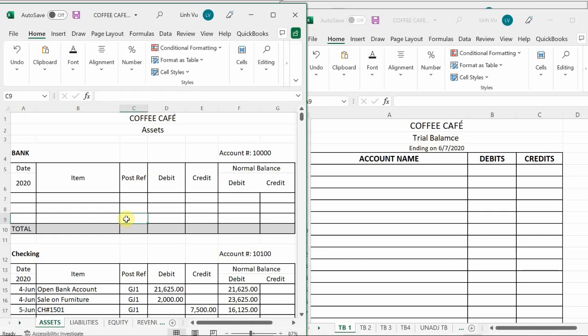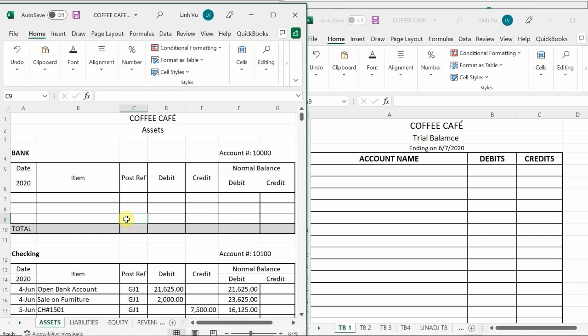No, it wouldn't, because again, if I have a zero debit balance, what does that tell me? Nothing, right? It doesn't increase my account by anything, and it doesn't decrease my account by anything because it's zero. So in this case, the trial balance is only going to record any accounts that actually have a balance, okay?